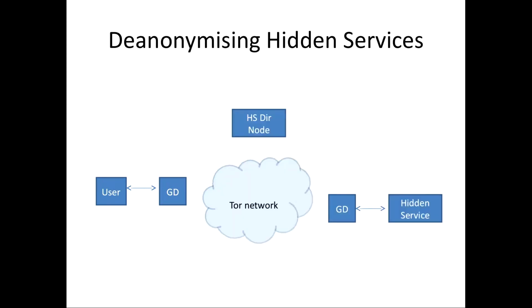How about de-anonymizing hidden services themselves? Well, again, you've got the problem. You're the user, you're going to connect through your guard into the Tor network, and then eventually through the hidden service's guard node and talk to the hidden service. As the attacker, you need to control the hidden service's guard node to do these traffic correlation attacks.